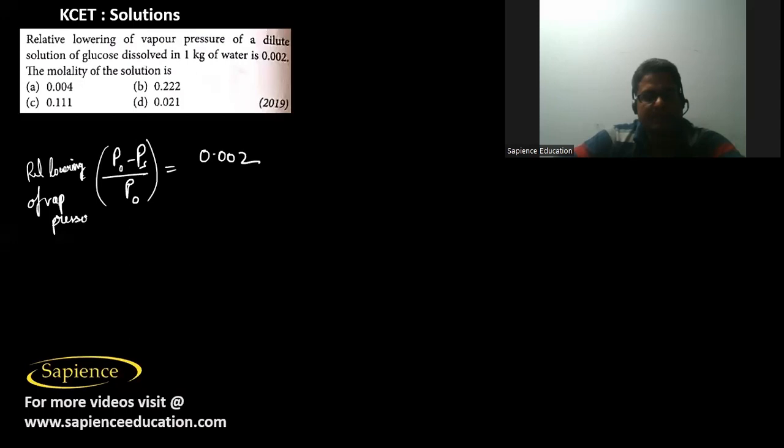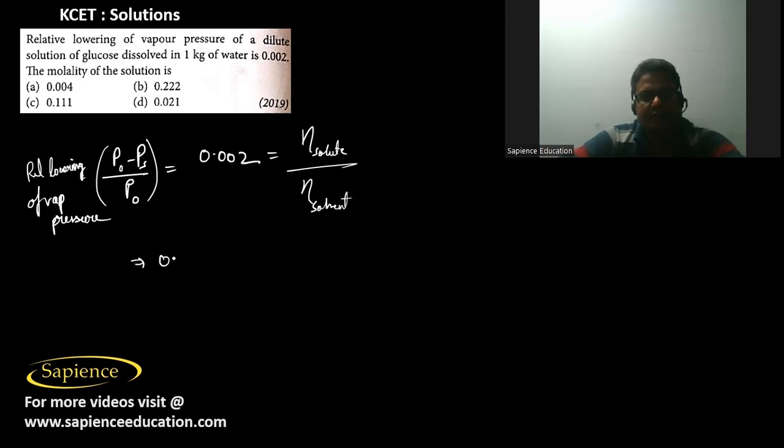Now, as we know, the relative lowering of vapor pressure is given as P naught minus Ps by P naught, where P naught is the vapor pressure of the pure solvent and Ps is the vapor pressure of the solution. P naught minus Ps by P naught gives the relative lowering of vapor pressure, and that is given as the number of moles of solute by number of moles of solvent.